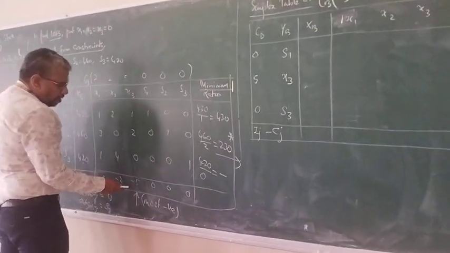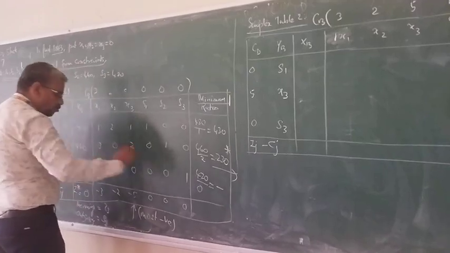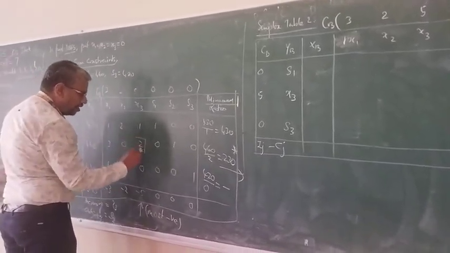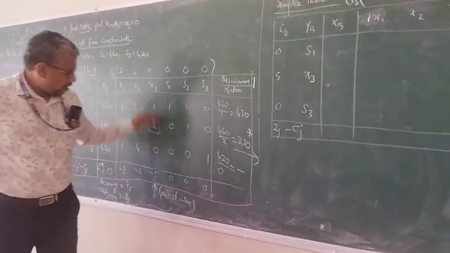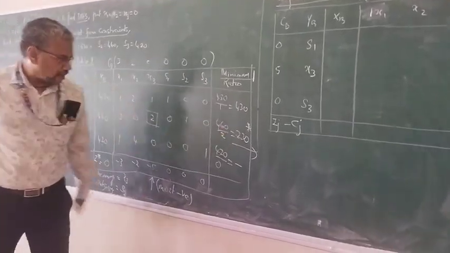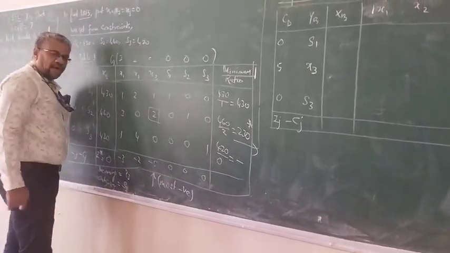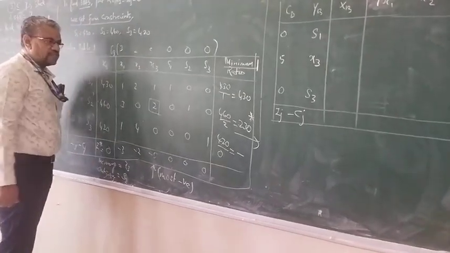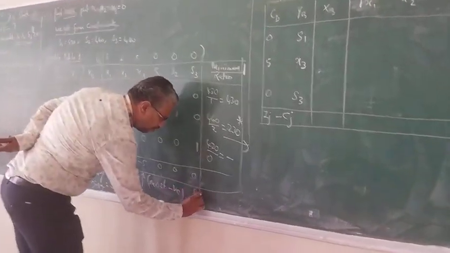Which means minus 5 is the incoming vector, 230 is the outgoing vector. Both the lines are joining at a point, which is called the pivot element. The junction of the incoming and outgoing vector is called the pivot element. So it is joining at the point 2. Therefore 2 is called the pivot element. You can also write over here pivot is 2.